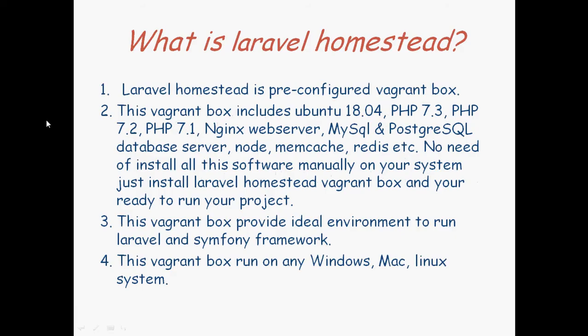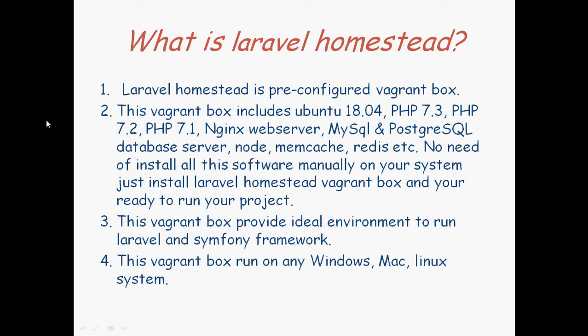So first, we're going to install the Laravel Homestead, but before we start the installation and setup of Laravel Homestead, let's understand what exactly the Laravel Homestead is. So the Laravel Homestead is a pre-configured Vagrant box.